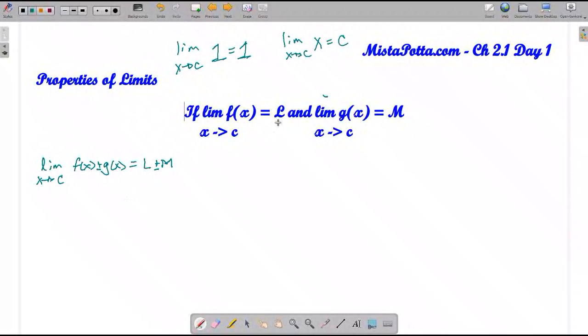And I could just as easily make this f of x plus f of x, and I would get L plus L, which is 2L.